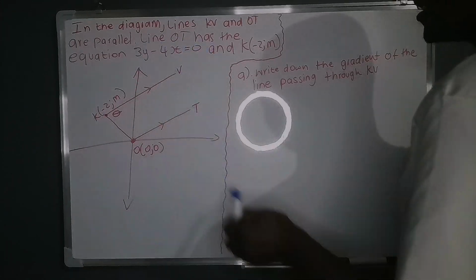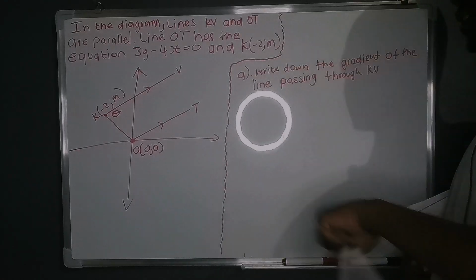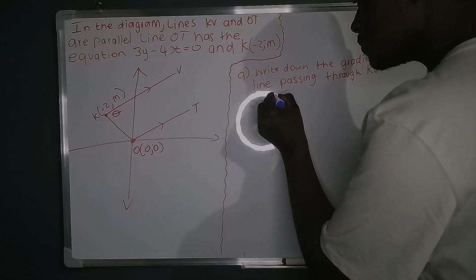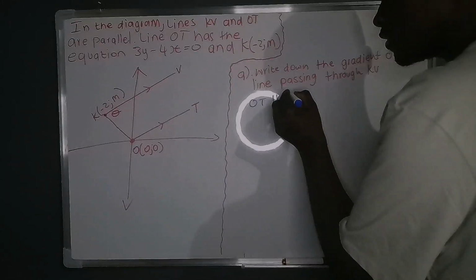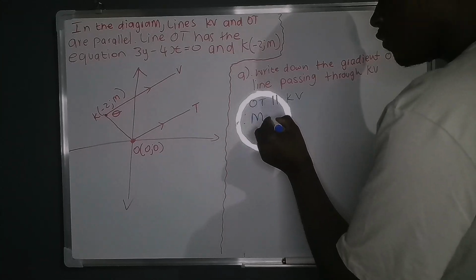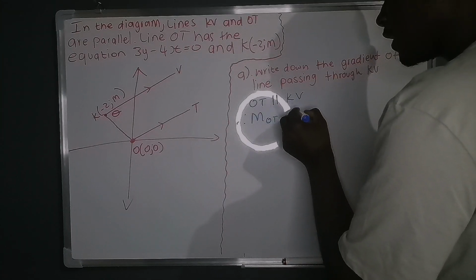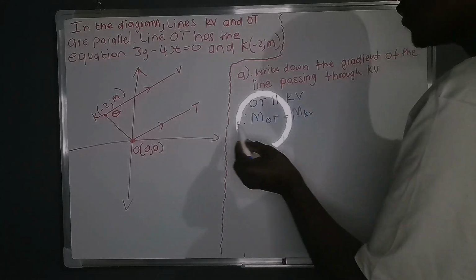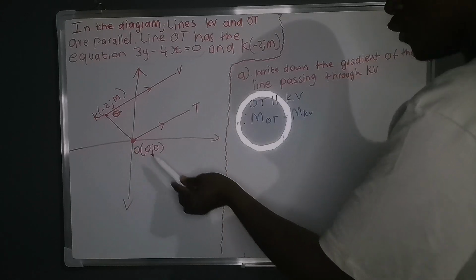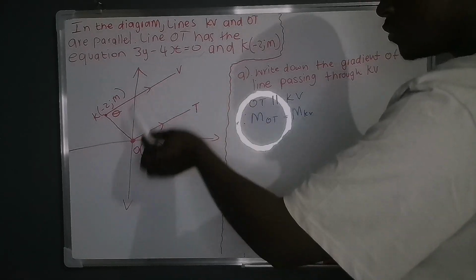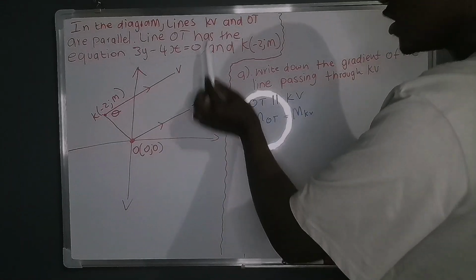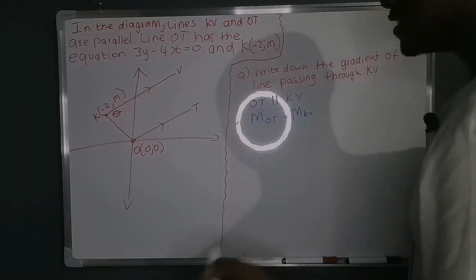Now, we have learned that if OT is parallel to KV, therefore the gradient of OT is equal to the gradient of KV. So I can find the gradient of KV through the use of this equation because of the parallel lines here, guys.